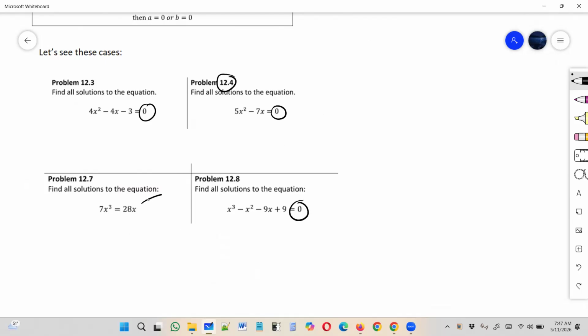So in this case, I need to properly set the polynomial to start. I would do minus 28x on both sides, and I would get this. This is my starting point. Now all four examples are in proper format. I'm going to do 12.4 first.